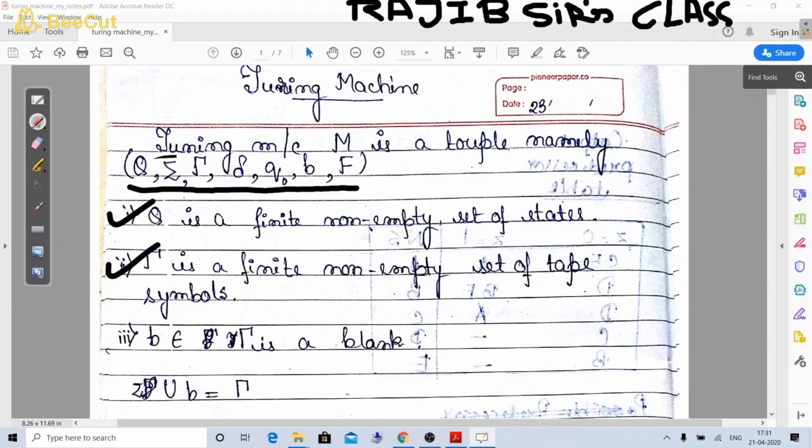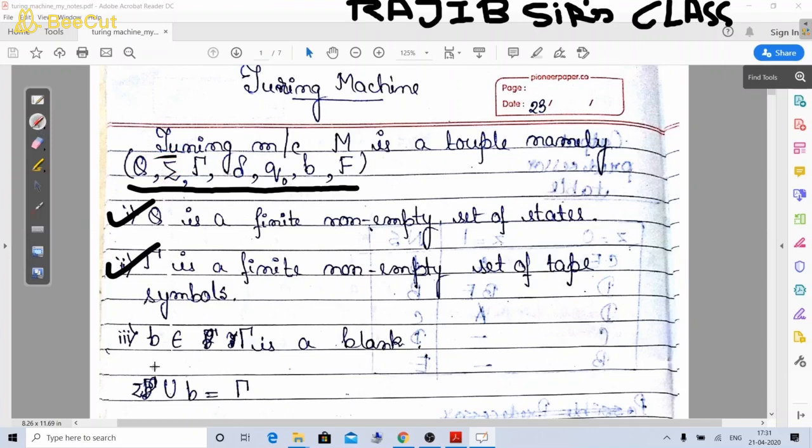Sigma is your finite set of input symbols.